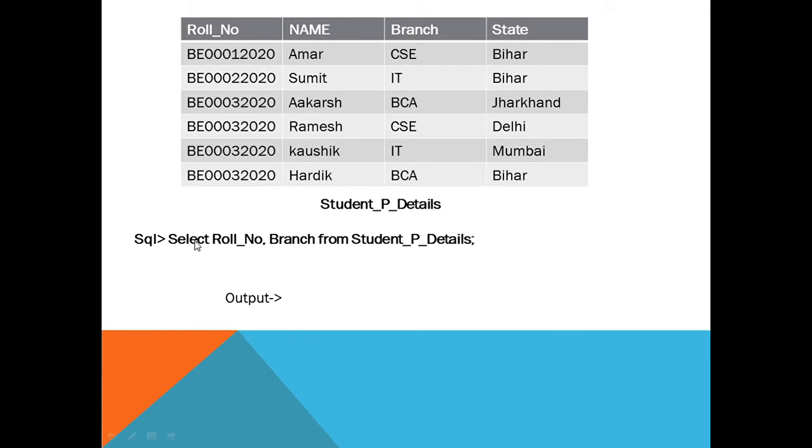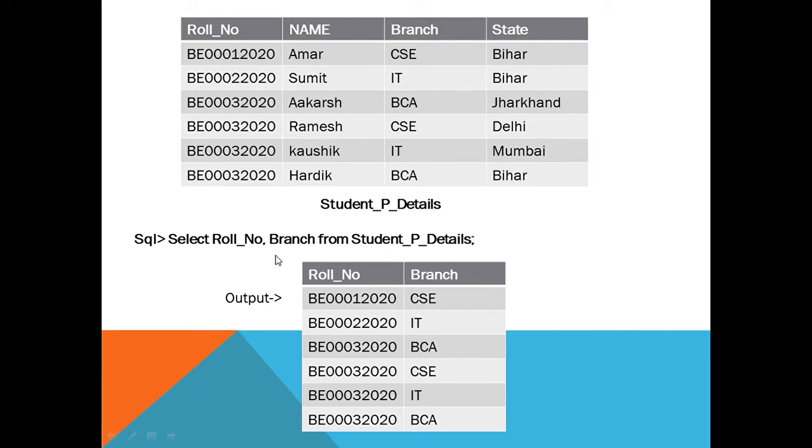Now I am fetching only two columns, the roll number column and the branch column. Here the first is roll number and the third one is branch. So it will give me the details. This will be the output, the roll number and the branch from the student P table.